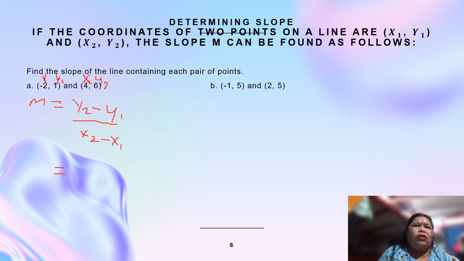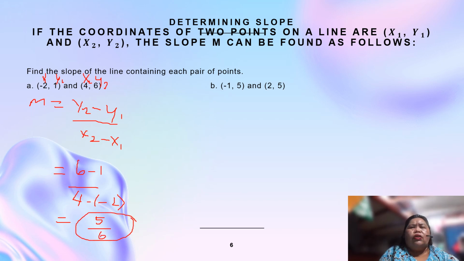So here, for y sub 2, we have 6 minus 1 over 4 minus negative 2. So we have 5 over 6. And then for the other one, you can compute directly.